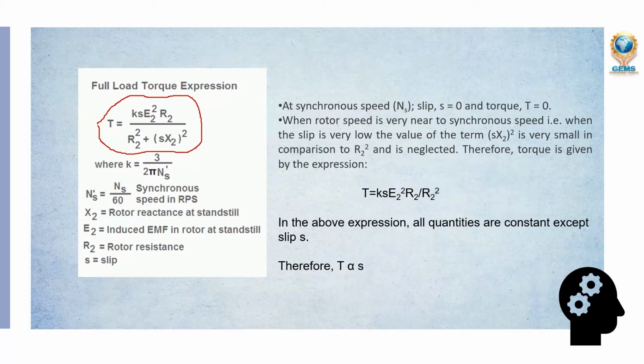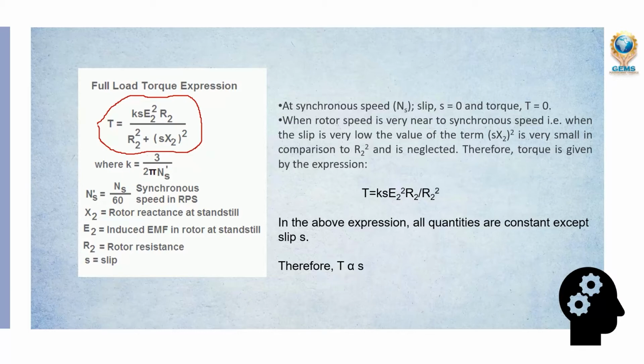That's why we always prefer the rotor speed to be a little lesser than synchronous speed. At that time, the value of S X2, the rotor reactance, will become very small, so we will neglect that.